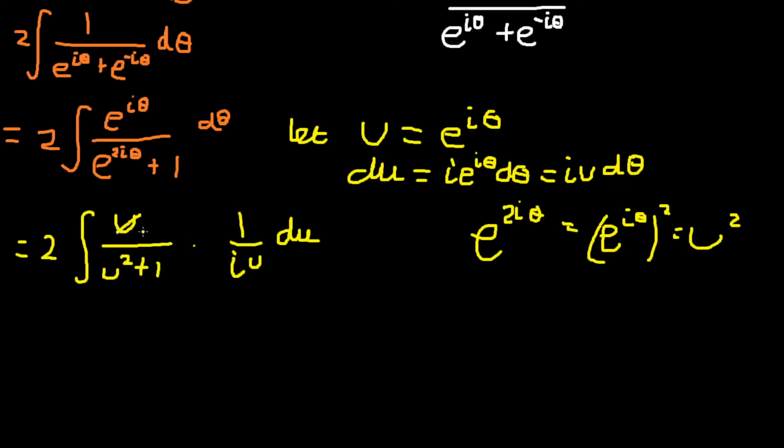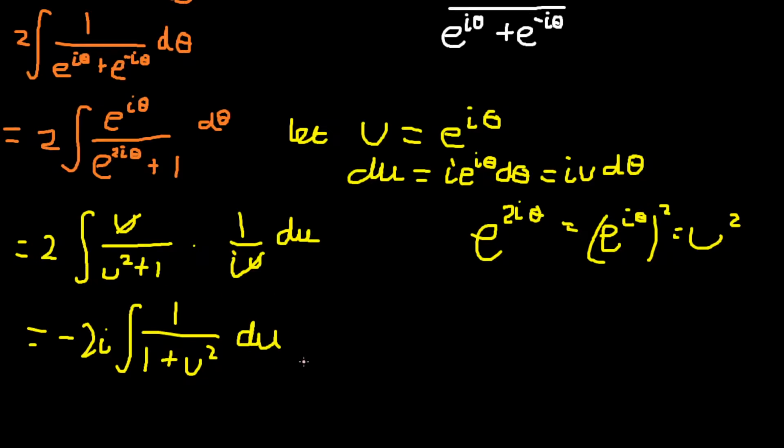The u's cancel, and the 1 over I is the same as negative I. So let's bring that to the front. Negative 2I times the integral of 1 over 1 plus u squared du. And if you watch my videos frequently, you'll recognize this, because I did a video on this integral.